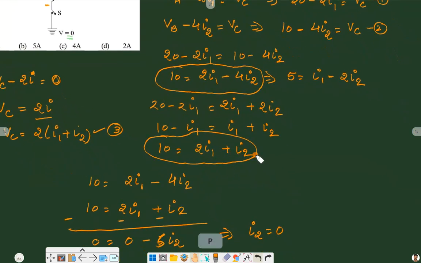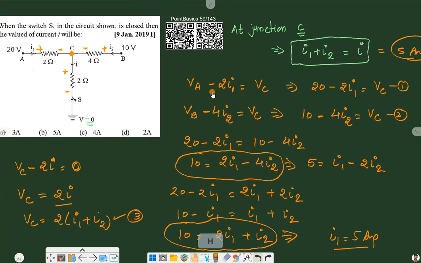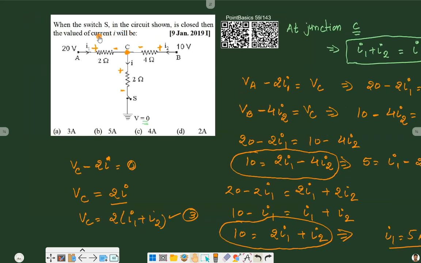If I2 is equal to 0, we can put I2 here. Then twice of I1 is equal to 10, and I1 becomes 5 ampere, and then I also becomes 5 ampere, because I is equal to I1 plus I2. This is the value we had to find, so I is equal to 5 ampere.